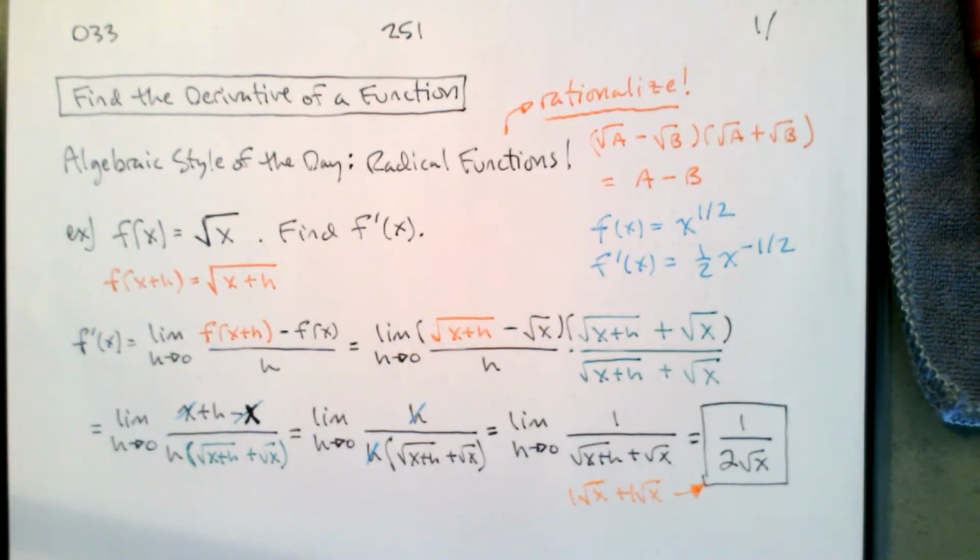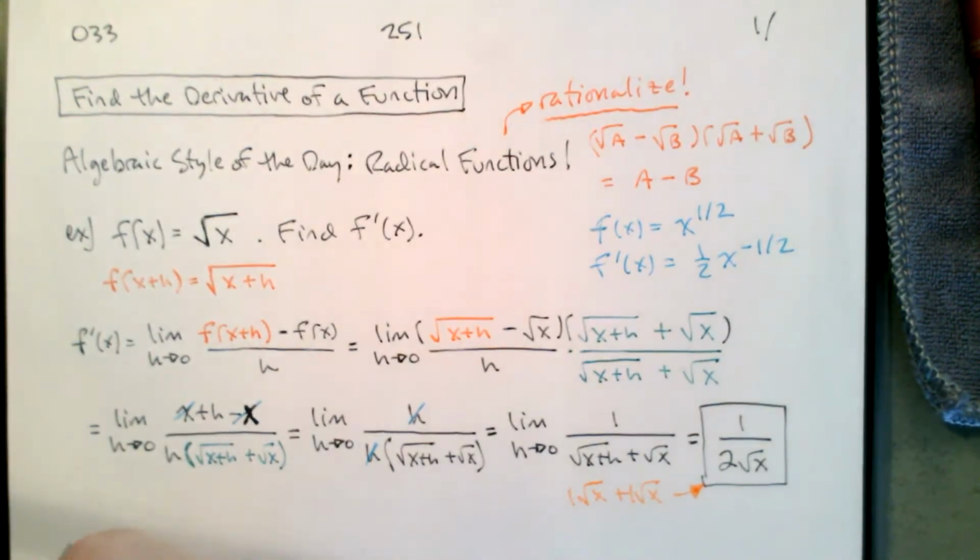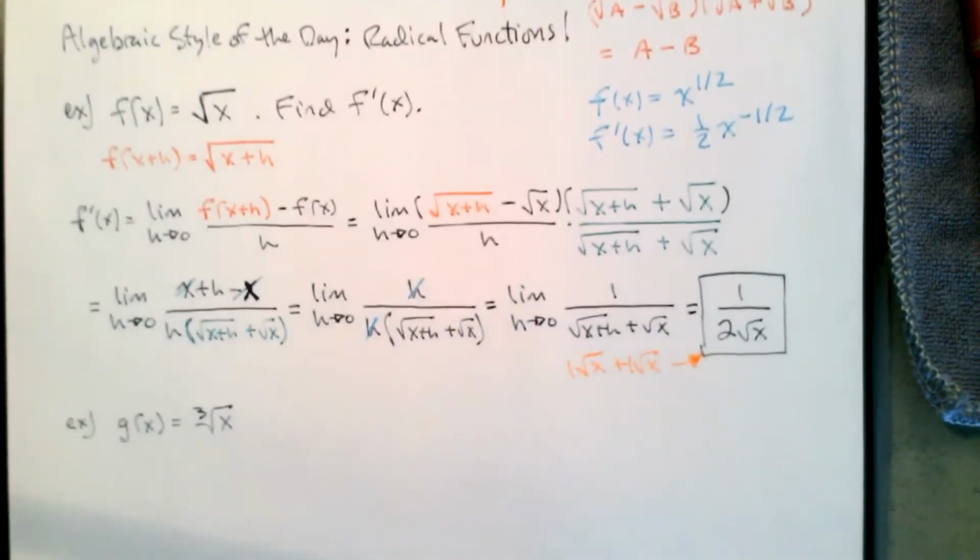Taking this one step further, this rationalization process works because we had square roots. The idea of rationalizing still holds if we have something other than square roots. But if, for example, our function was, say, g of x equals the cube root of x, now our rationalization, the difference of squares, is no longer going to be useful because I don't care about squares, I care about cubes.